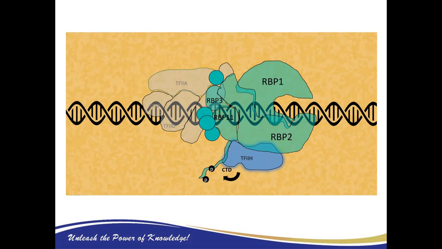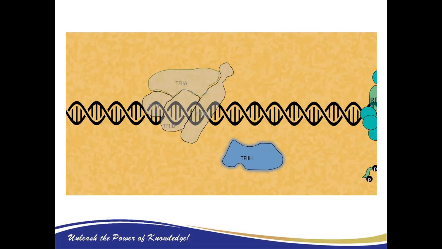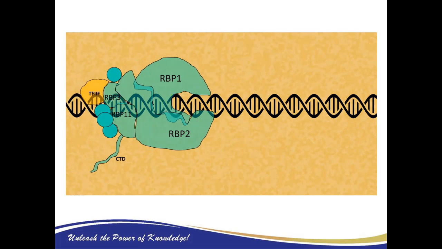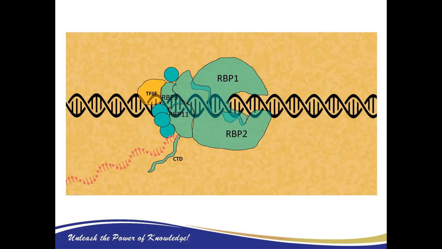Now, this TF2H also has a helicase activity. It has a phosphorylase and a helicase activity. Once the C-terminal domain is phosphorylated, it gives the RNA pol a start signal to move along the DNA and transcribe the mRNA, right?